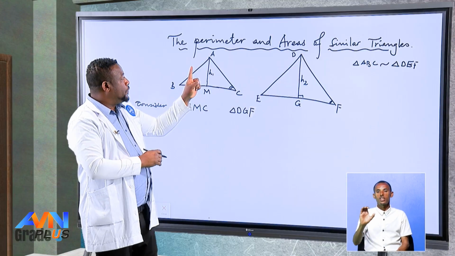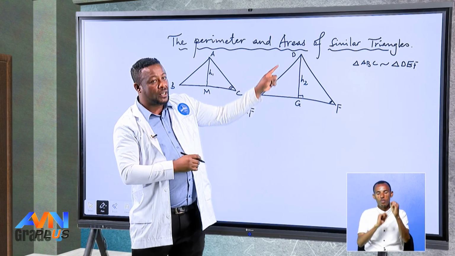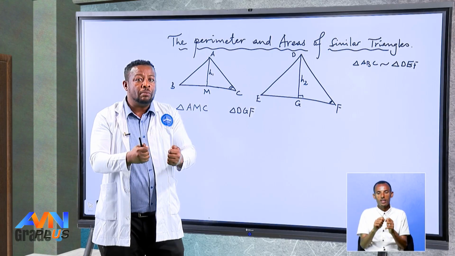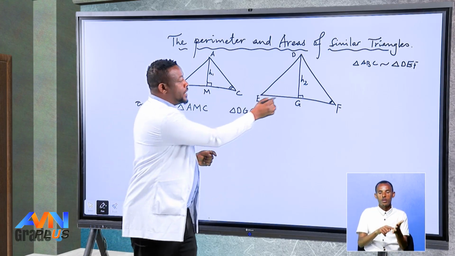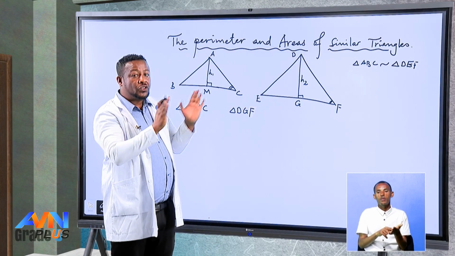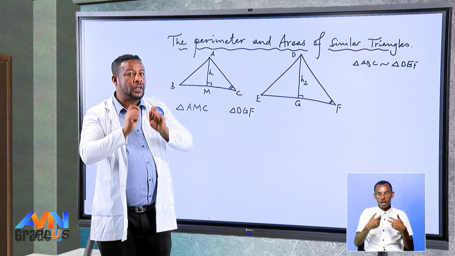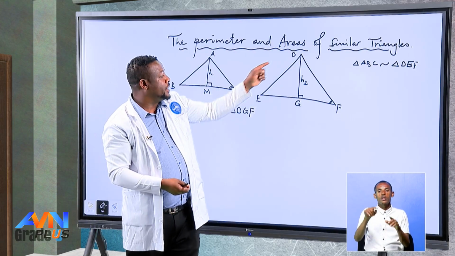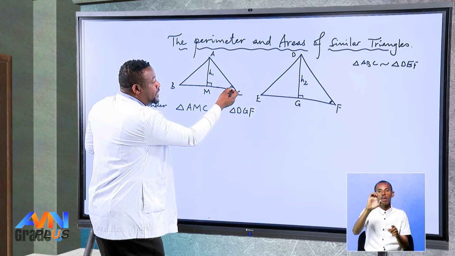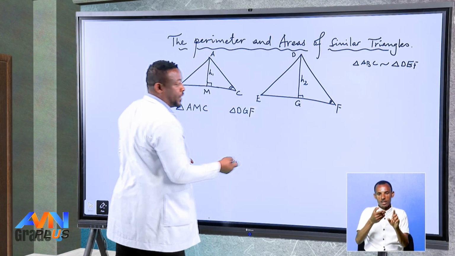Look, if you compare these two triangles, they form 90 degrees at this point and this point, okay. The two triangles have one congruent angle. The other thing, by similarity of triangle ABC and DEF, angle C and angle F are congruent.